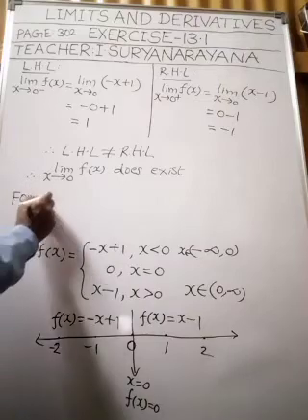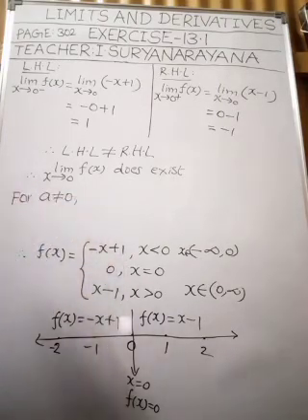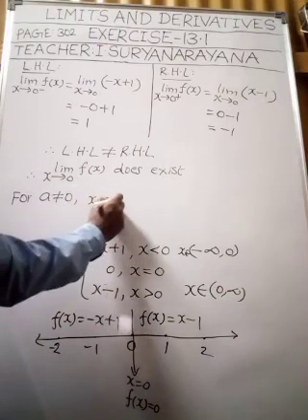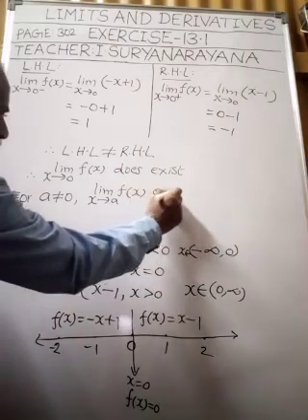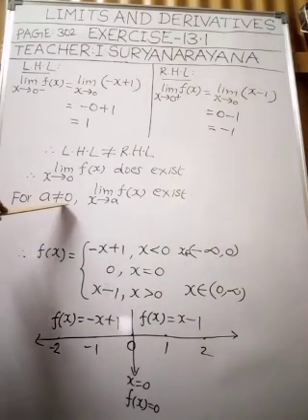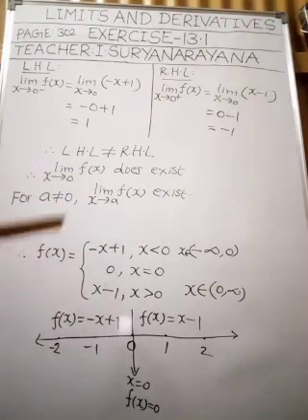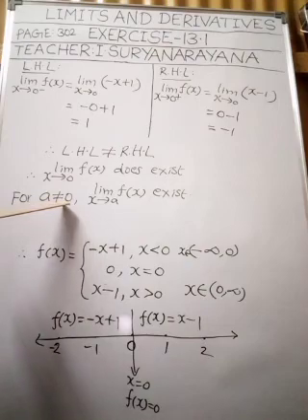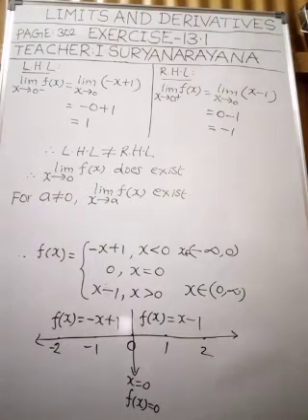But for a not equal to 0, as x tends to a, the limit of f of x exists. Except at this value, the limit of this function does not exist. At every real number except 0, the limit of this function exists. Understood this point, my children?